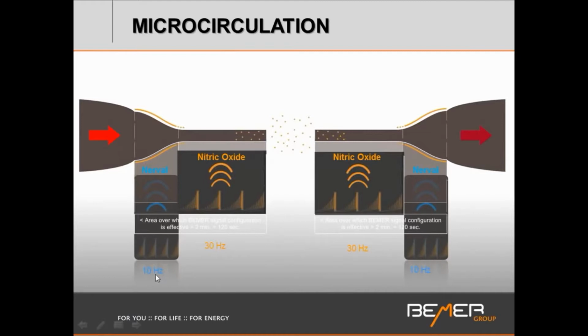When this BEMER signal is delivered at 10 hertz, the larger calibered vessels will react, and at 30 hertz, the smaller calibered vessels will react. And so these 2 systems have to also be synchronized, and the synchronization of both vessel systems moving is also affected with the use of the BEMER. And by that, we push more blood into the capillary beds and move more blood out of the capillary beds.